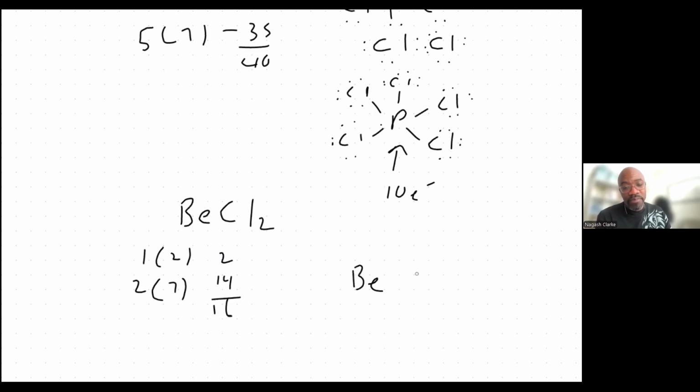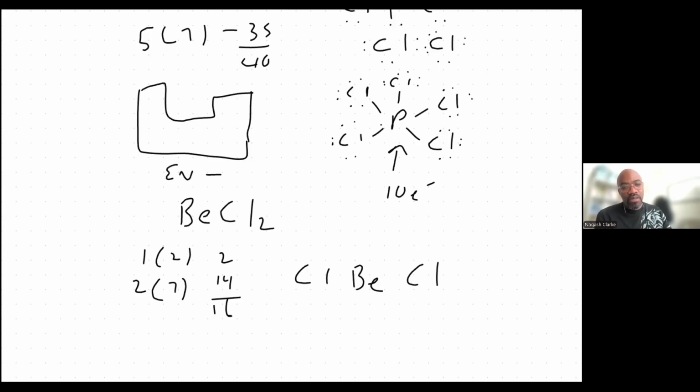Sorry, electronegativity. Let me put a quick aside here. Electronegativity increases left to right, decreases top to bottom. Your noble gases aren't electronegative because they're not reactive, but your halogens are, the most, with fluorine being the top.